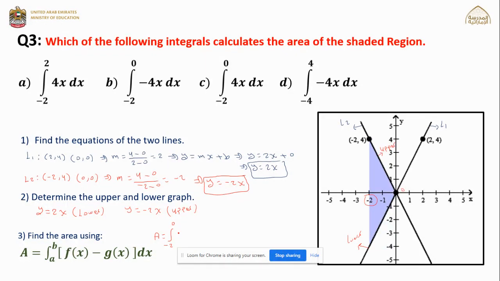The upper function is minus 2x, minus the lower one, 2x, dx. That means I have the integral from negative 2 to 0 of minus 4x dx. That means number B is the correct answer, as I see here.